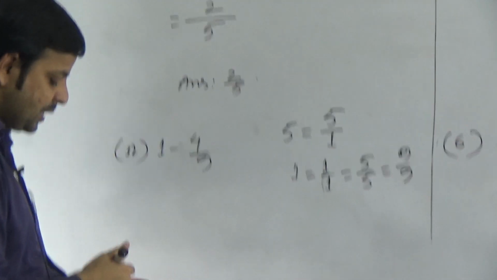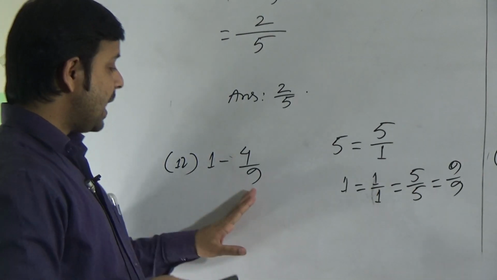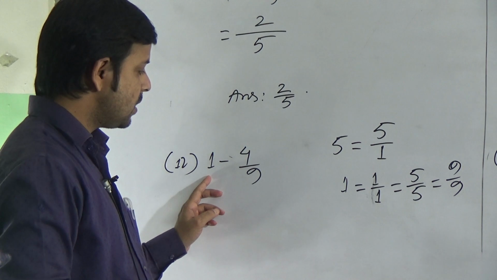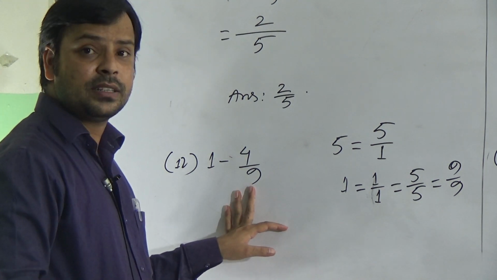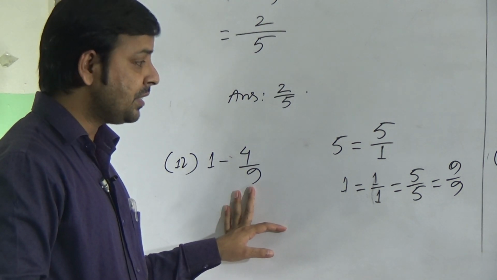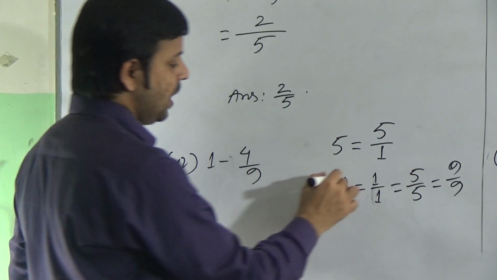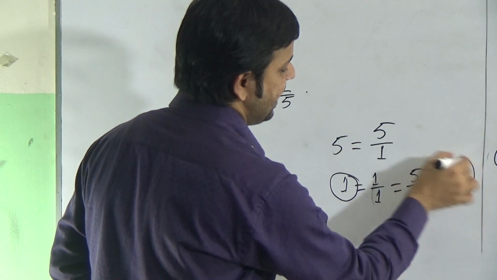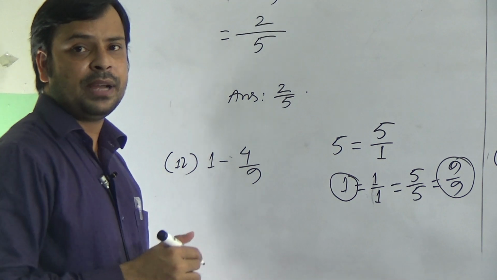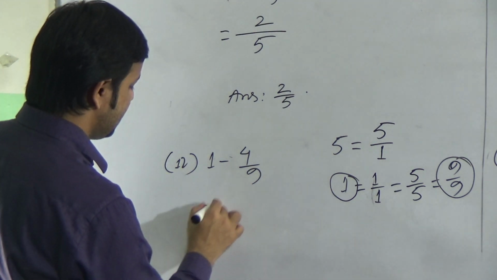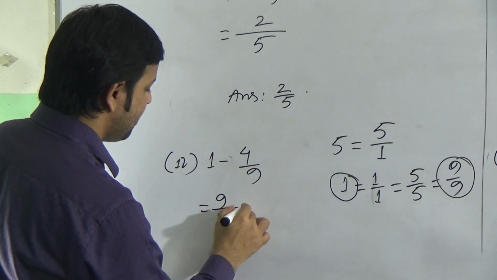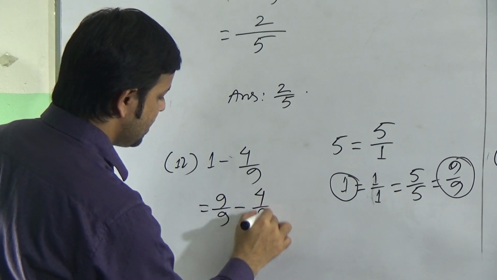Dear students, now see what we will write in this case. Here the denominator is 9. So we can write 1 as 9 by 9. So we can write here 9 by 9 minus 4 by 9.